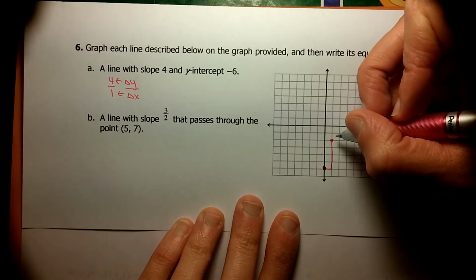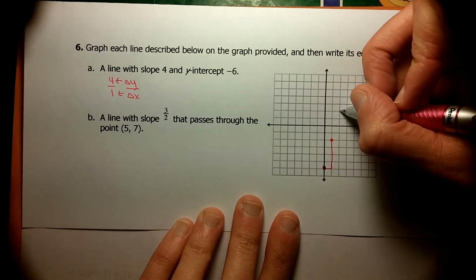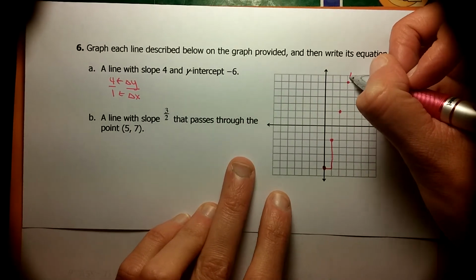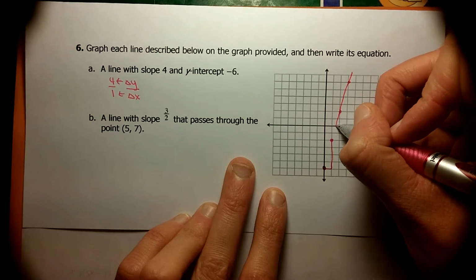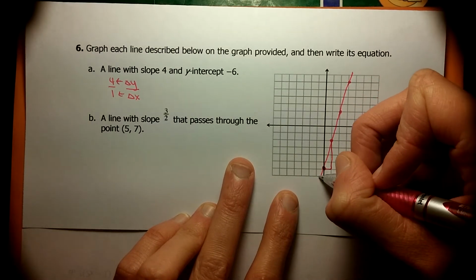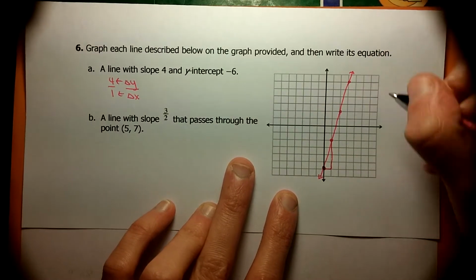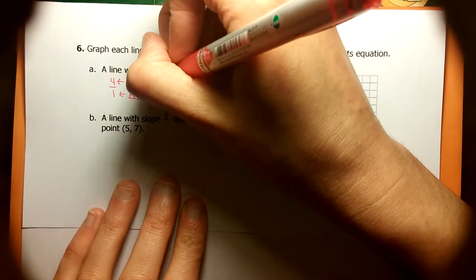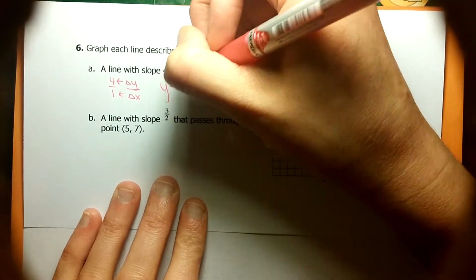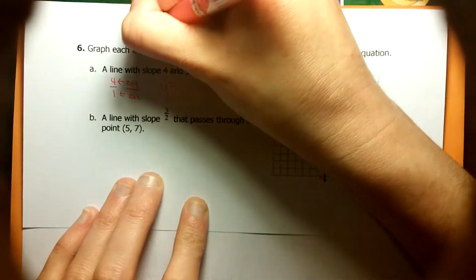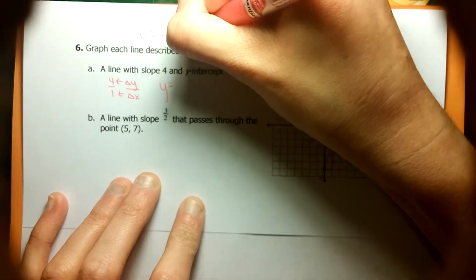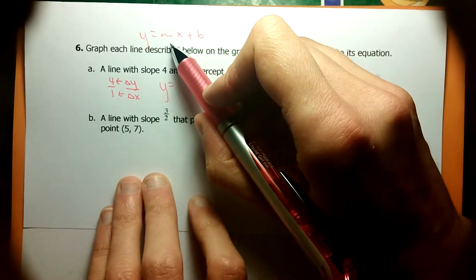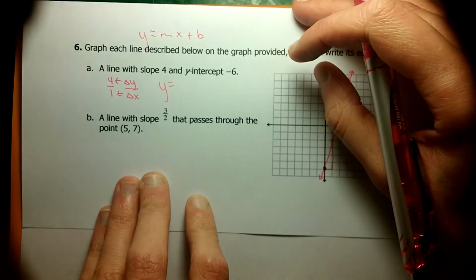And then I'll just continue doing that, going up 4 and over 1 to give me an idea of the points my line is going to go through. Then I'm going to connect them to make my line, and put arrows on the ends to show that it goes on forever. To write its equation, the general equation of a line is y equals mx plus b, where m is the slope and b is the y-intercept.